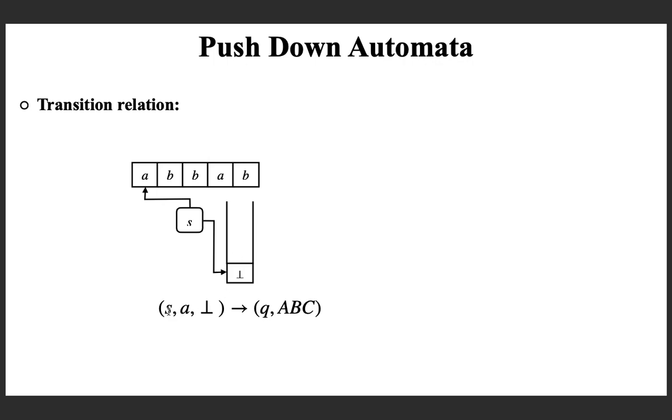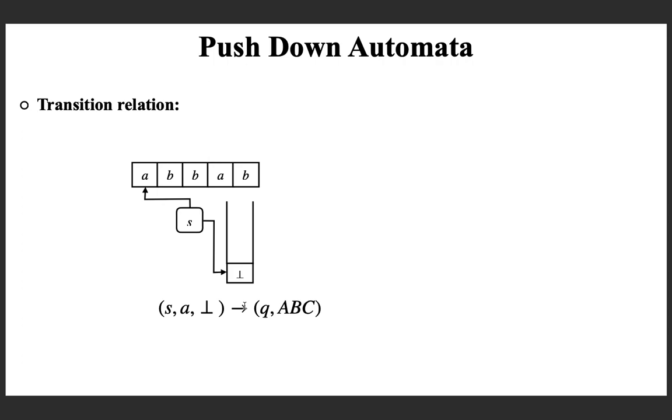It says if you are in the state small s and you are reading small a as the input, when you have a particular symbol as the top of stack symbol, then you change your state to Q and replace the top of stack symbol with a string of stack symbols ABC. It can also be represented as the RHS being an element of the LHS. That is, this is one of the possibilities. Recall that it is non-deterministic, so there could be multiple moves possible.